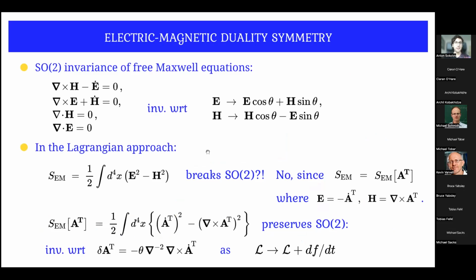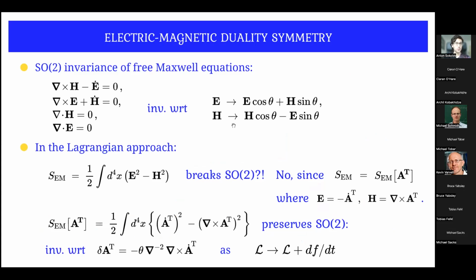So now, as promised, let me come to the electromagnetic duality symmetry and explain what it has to do with axion electrodynamics. The three Maxwell equations written here are invariant under the SO(2) rotations of electromagnetic fields.